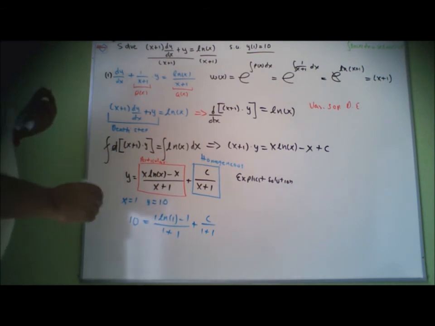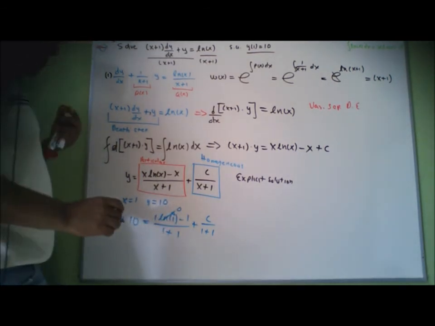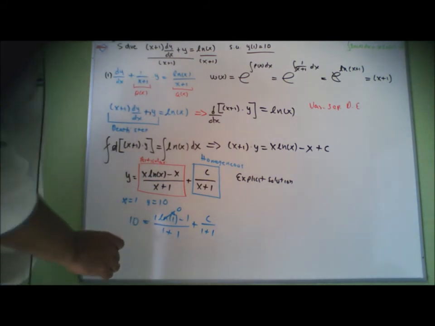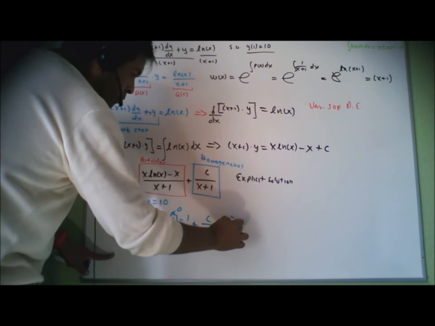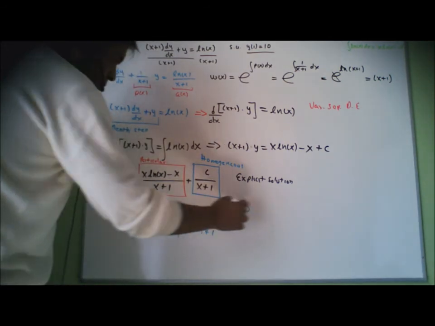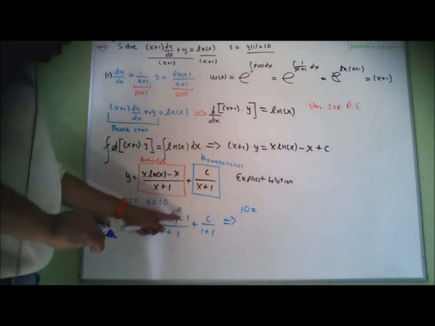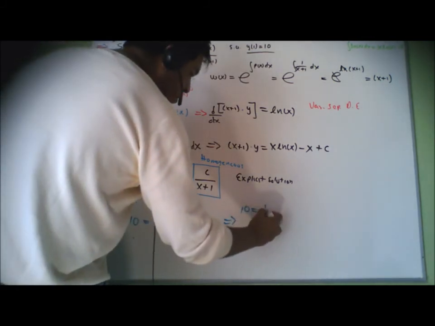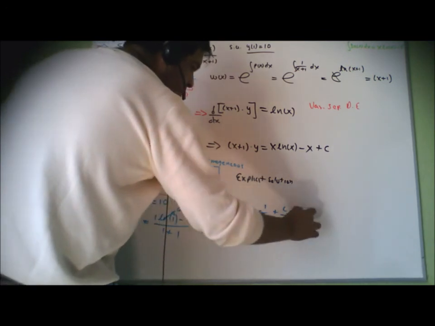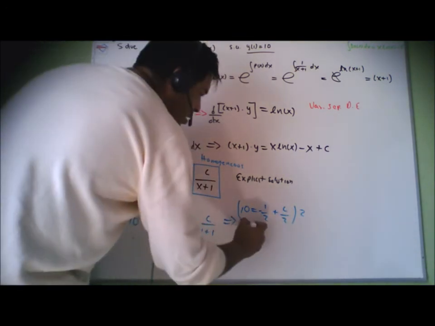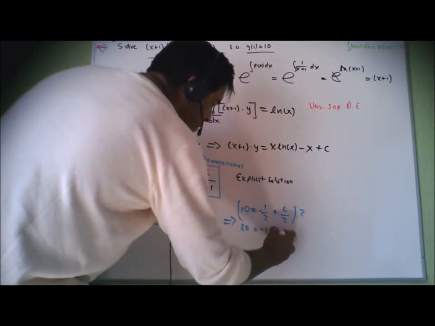Now the natural logarithm of 1 is equal to 0. So this is going to be 10 equals, be careful here, minus 1 over 2 plus c over 2. Let's multiply times 2. So this becomes 20 equals minus 1 plus the constant.